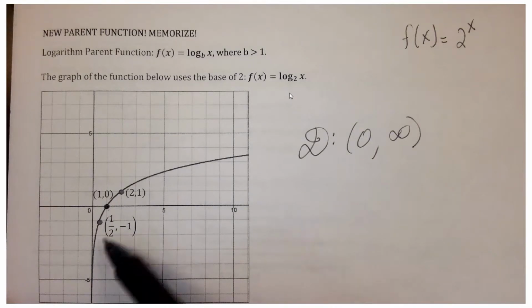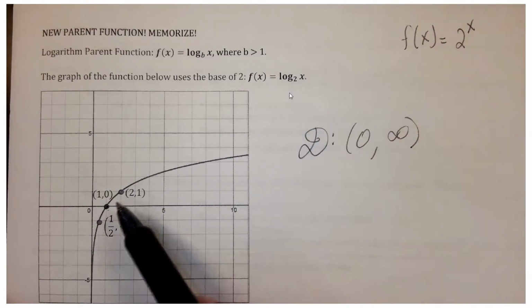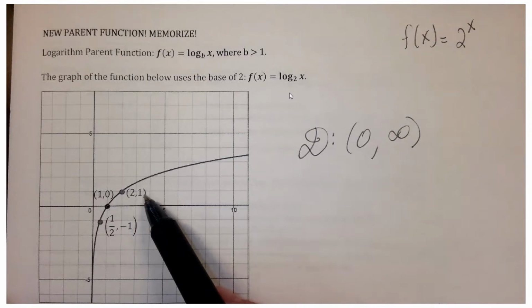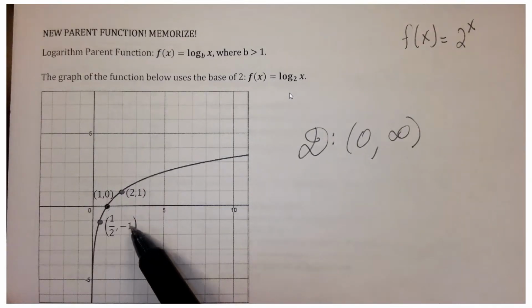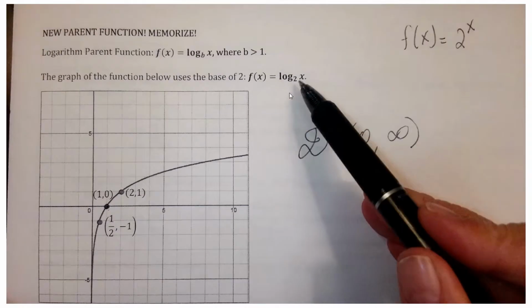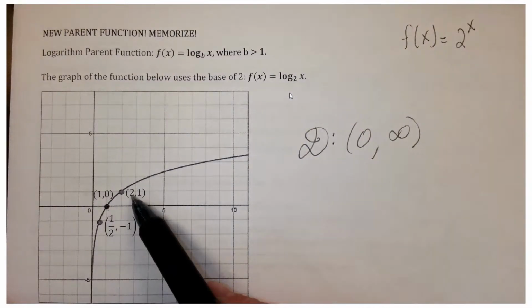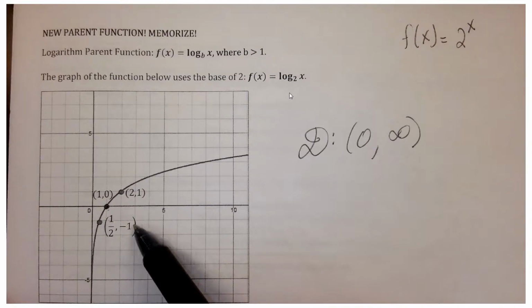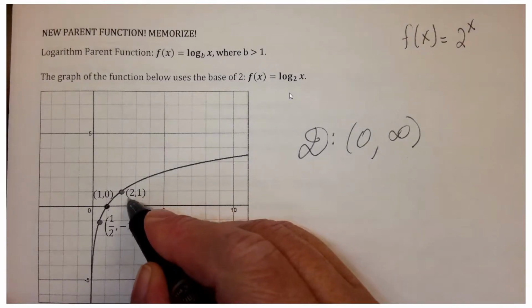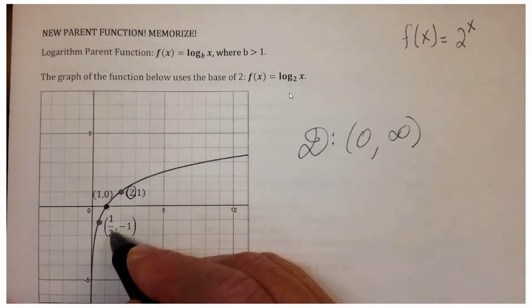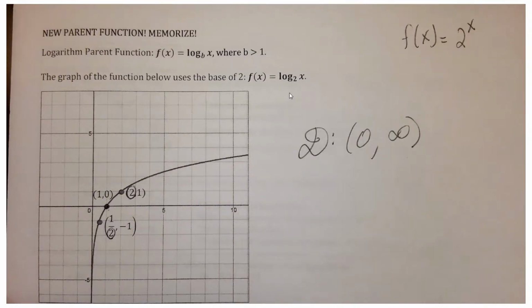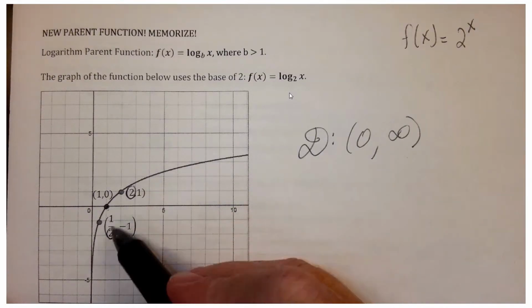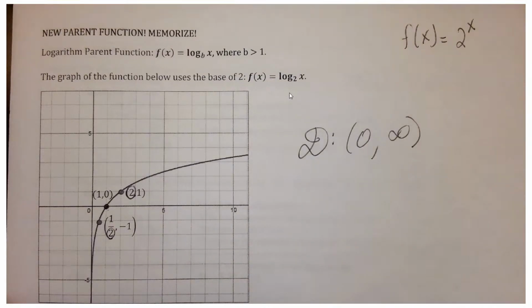Notice that if our base is 2, we have the point (2, 1) and the point (1/2, -1). If this base was 3, we would have the point (3, 1) and the point (1/3, -1). So the points that are changing based on the base of the logarithm are those two values, and that will change to whatever the base is for that logarithm.